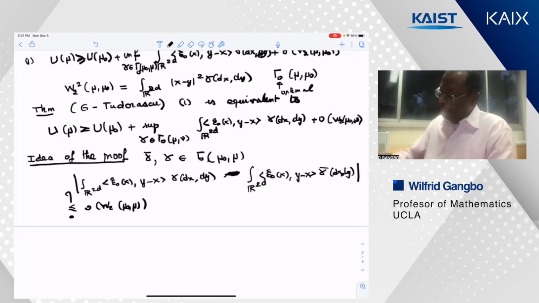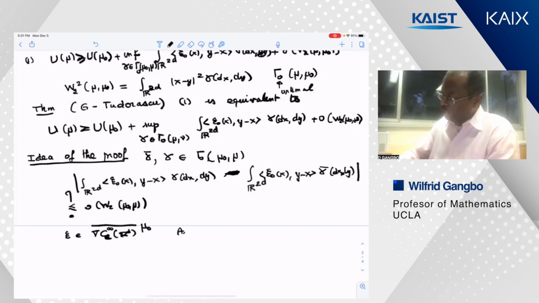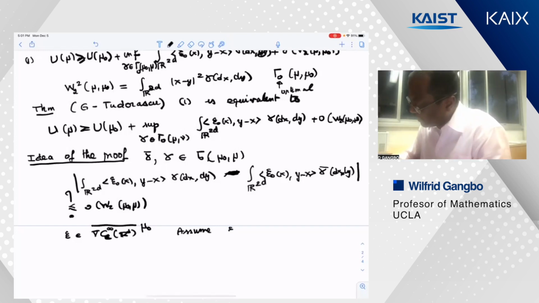I am supposed to take psi in the closure of that set, but just to give the idea of the proof, assume that psi is equal to the gradient of phi, where phi is of compact support of class C infinity.